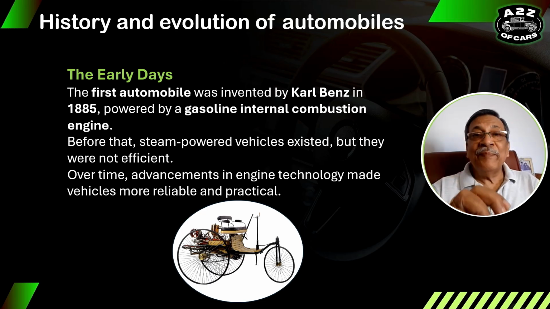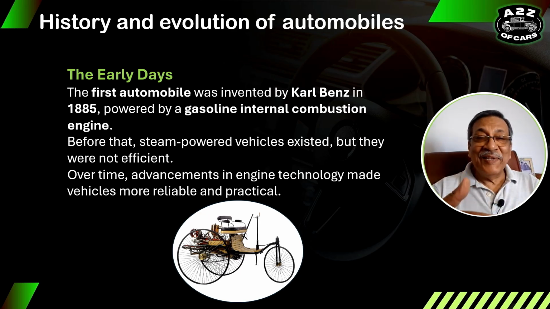Cars were there before 1885 also, but they were steam powered or electric vehicles, battery operated. So it is not that EVs have come in now; EVs have been there before also. Steam powered vehicles existed, but they were not efficient, because it used to take a lot of time for steam to build up.